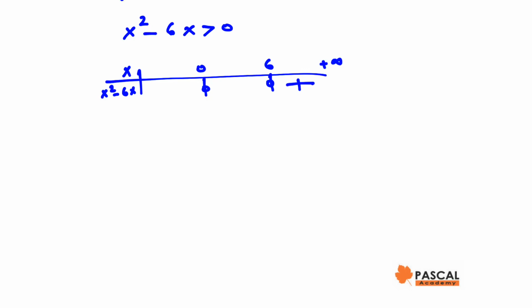If we plug in any number between 0 and 6, let's say 1, we see x2 minus 6x is negative. And for any number less than 0, it is positive. This means x2 minus 6x is greater than 0 when x is smaller than 0 or greater than 6.